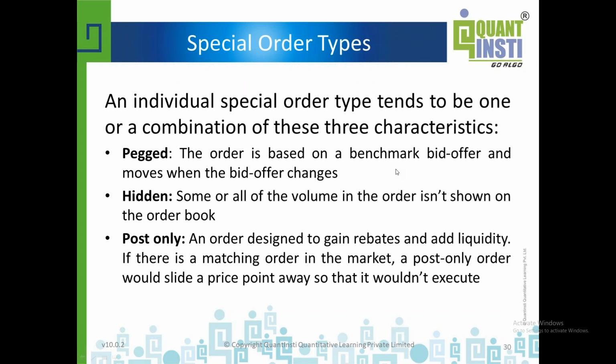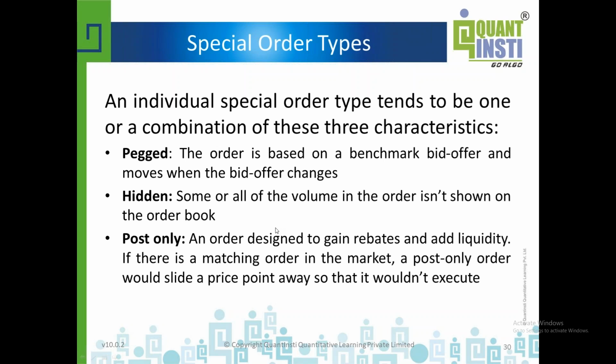Post only orders are basically designed to gain rebates, right? They are seldom used by automated traders, but a post only order would slide a price point away so that it won't execute, right? So if you post an order and it's about to get executed immediately, then the exchange brings the price of that post only order down so that it doesn't get executed immediately, right?